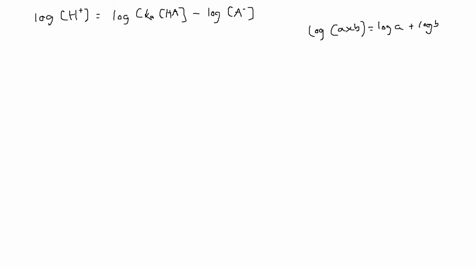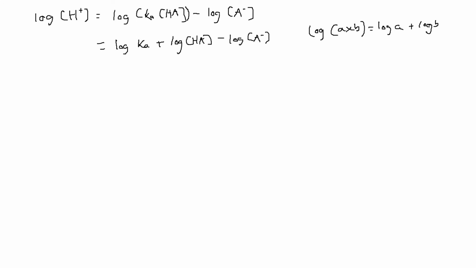Should have been a bracket in there, so we're going to expand that. So using these rules, we're going to say that log Ka times HA there is the same as writing log of Ka plus log HA minus log of A minus, like that.